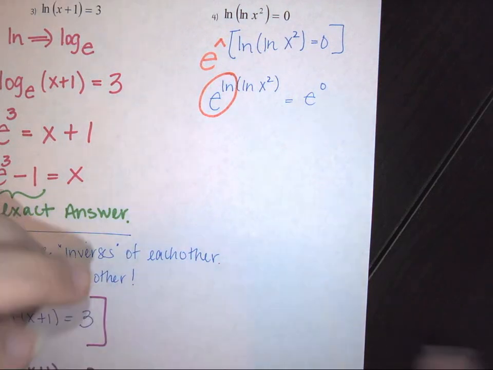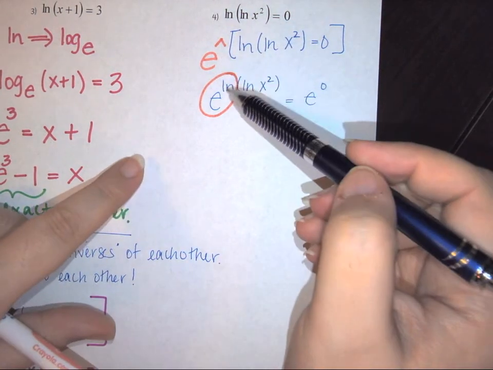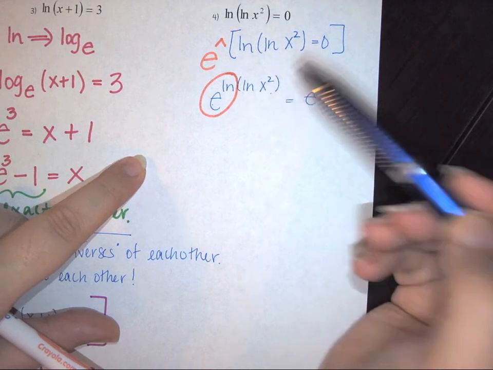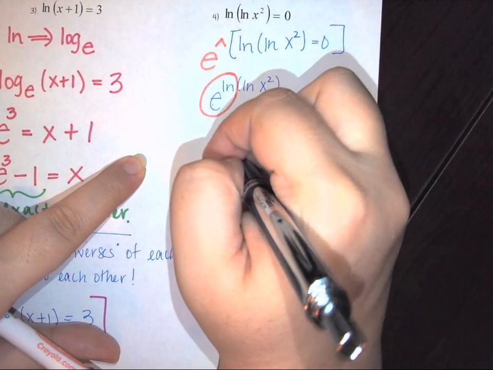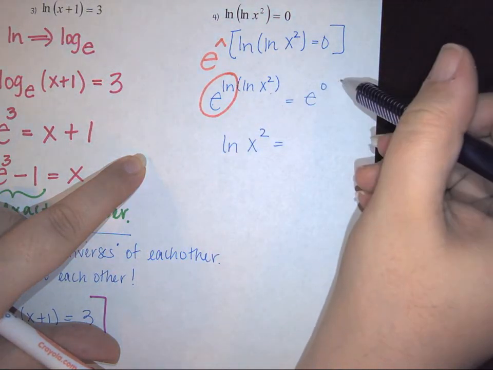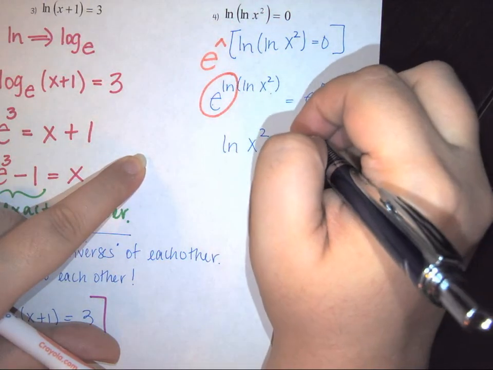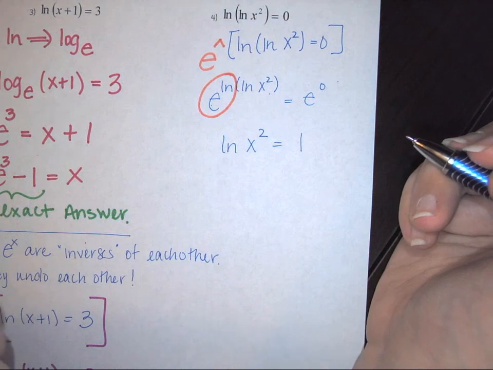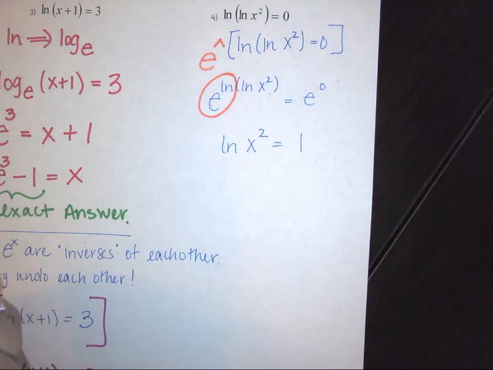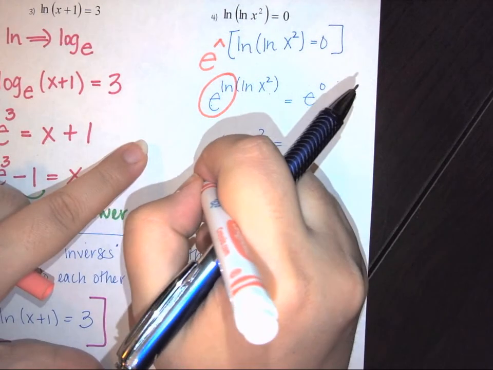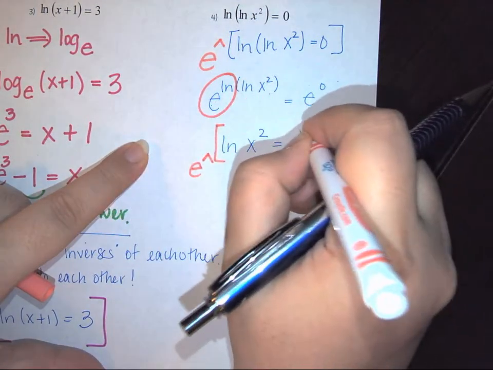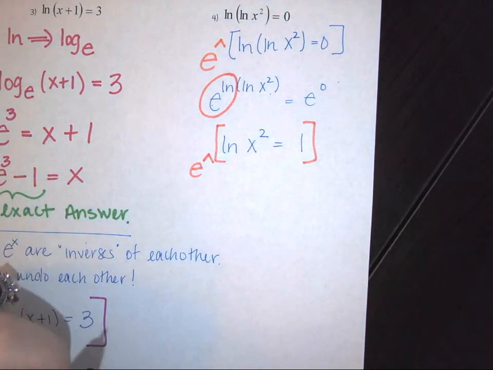My e to the natural log at this point is going to cancel, and it's going to leave the parenthesis behind. So I'm going to have now the natural log of x squared, and here e to the 0, when we evaluate, gives you 1. Now again, I have to simply redo what I just did. So I am going to raise my equation back up to the e.